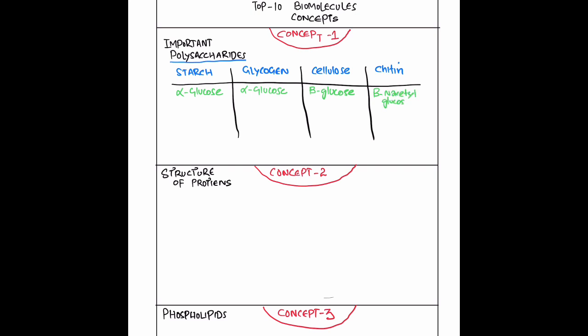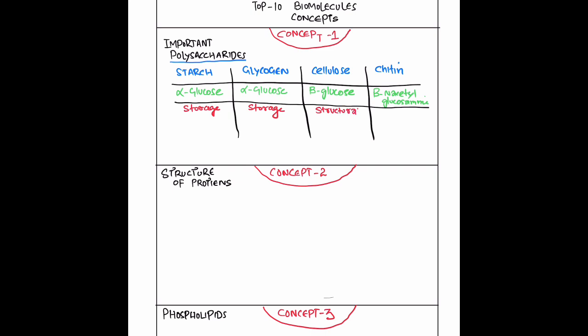All of these are homopolysaccharides, one should note. Then, next thing that may be asked: both starch and glycogen are storage polysaccharides. Starch is stored in plants, glycogen is stored by animals.